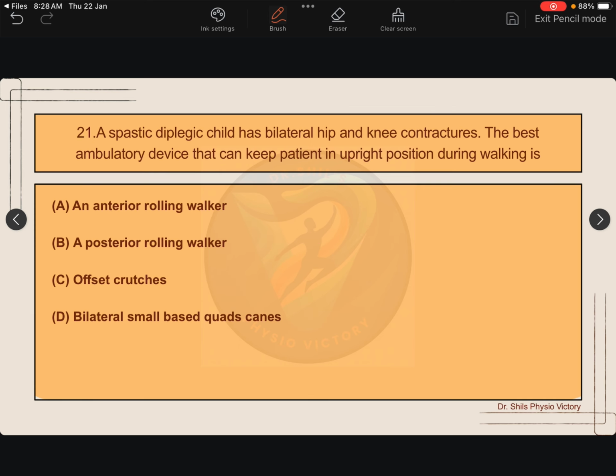Next, come to question number 21. A spastic diplegic child has bilateral hip and knee contractures.